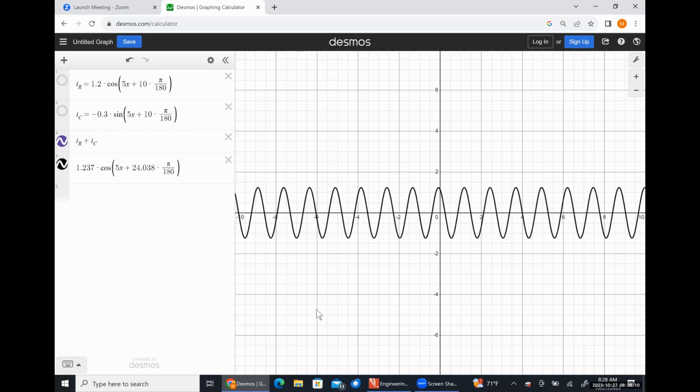The black curve has completely overlapped the purple curve, which means those two things are identical to each other.